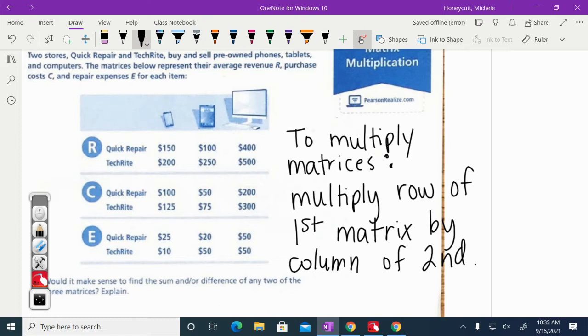I'm not going to lie, multiplying matrices is a little bit weird, but here's how it works. We're going to be multiplying a row of the first one times a column of the second one. I'll show you how all that works out in just a minute.